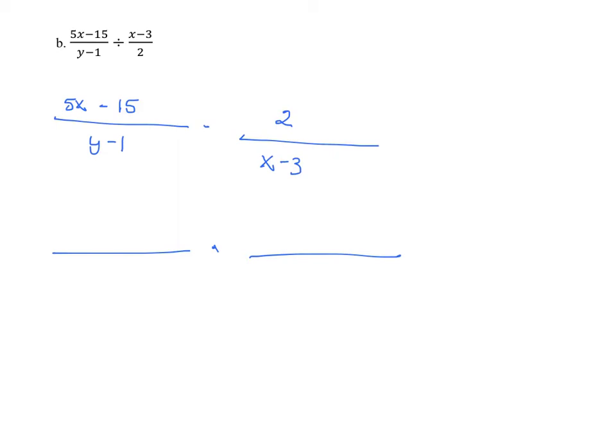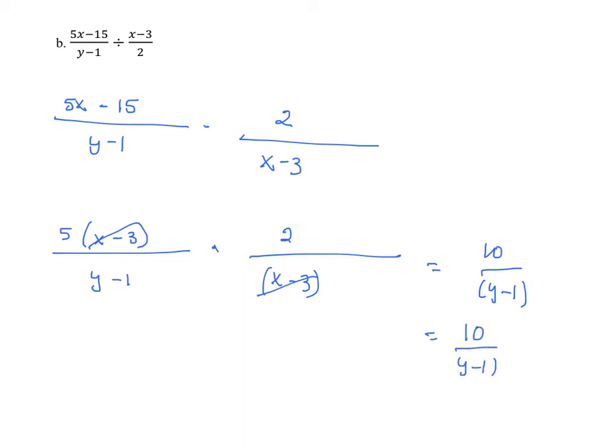So I'm going to take the 5 out here, and there we go. Ooh, package deal, man. And so we end up with 10 over y minus 1. Done. Let's do another one.